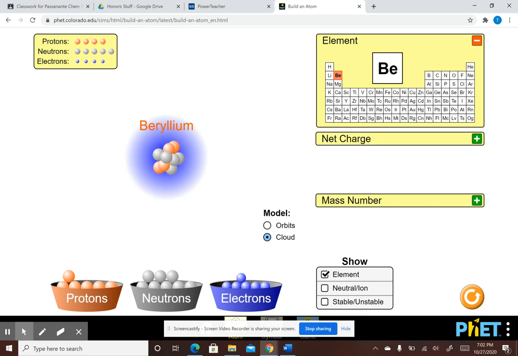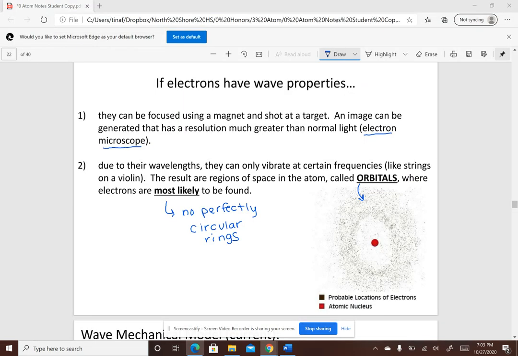So we still believe that electrons are certain distances away from the nucleus depending on how much energy they have, but where they exactly are is more of a general region. There's a certain probability of finding an electron in this general fuzzy area, not in those same perfectly circular paths every time. So it's a little more fuzzy than we thought.